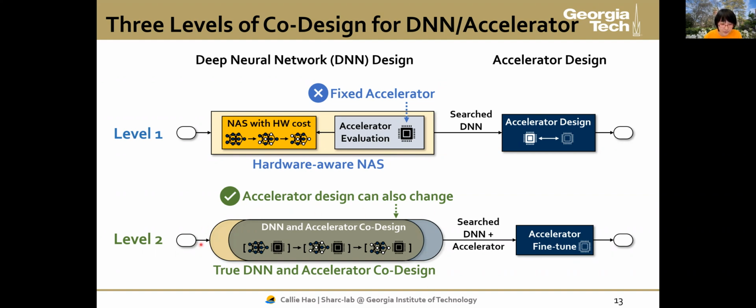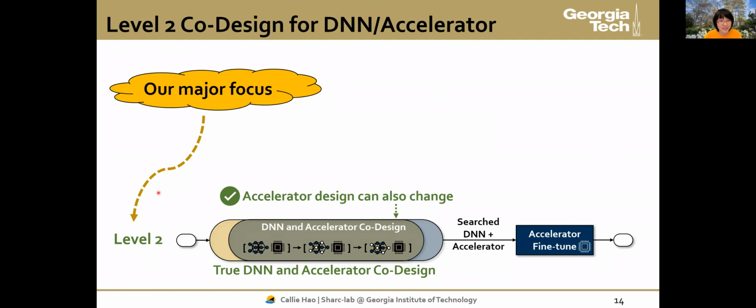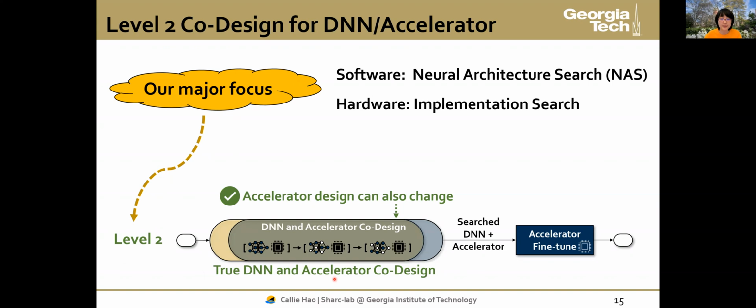So during this co-search, both the DNN and the accelerator are changing, are being searched. That's the major difference between level 1 and level 2. And of course, level 2 is more challenging. Because it's more challenging and more interesting, and it leads to more optimized designs, our main focus of this talk is level 2: how can we achieve a true DNN and accelerator co-design?